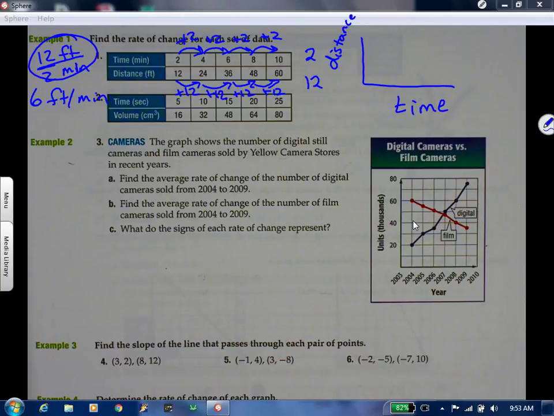Okay. So I want you to look at number 2. Figure out what would be the rate of change, and put your label on. Number 2, right? You're going to get a decimal on this one.